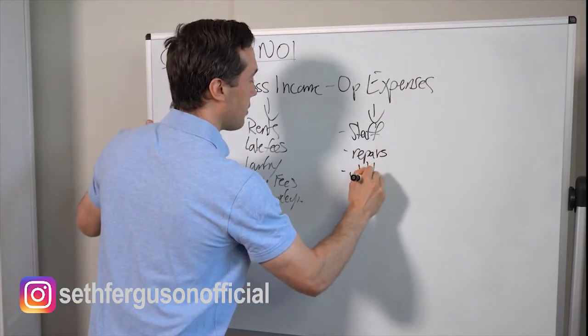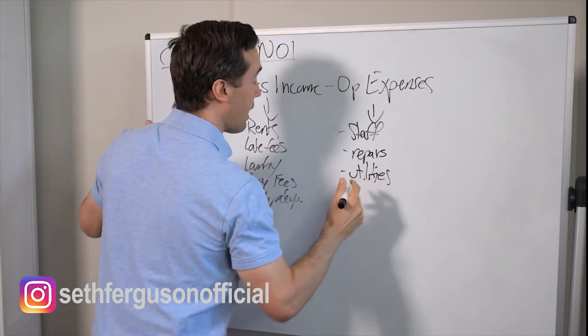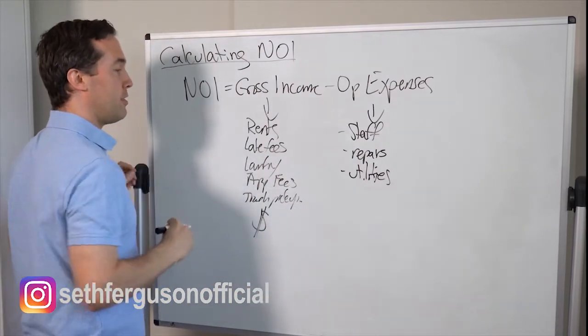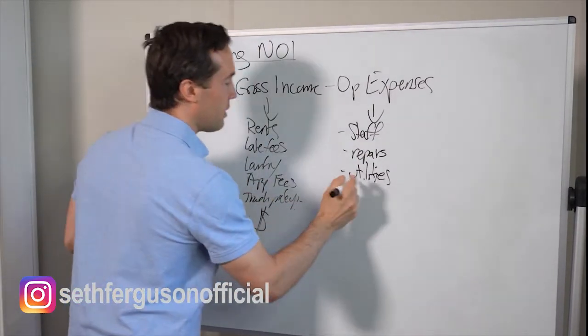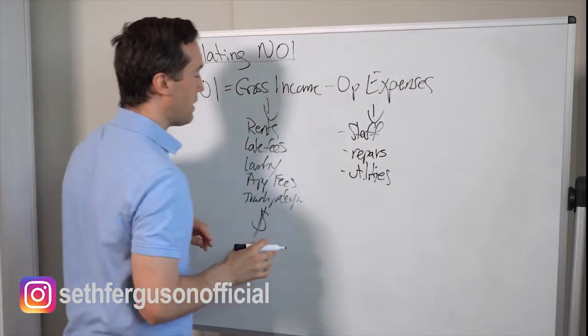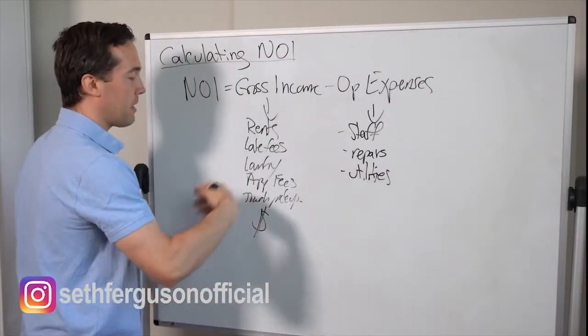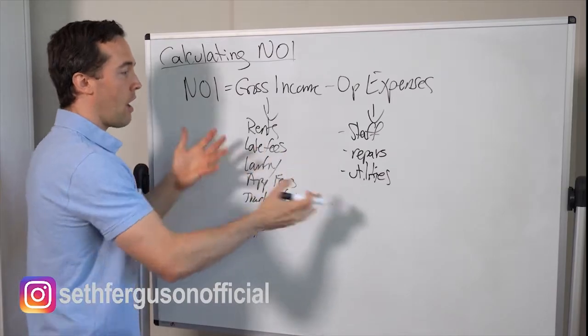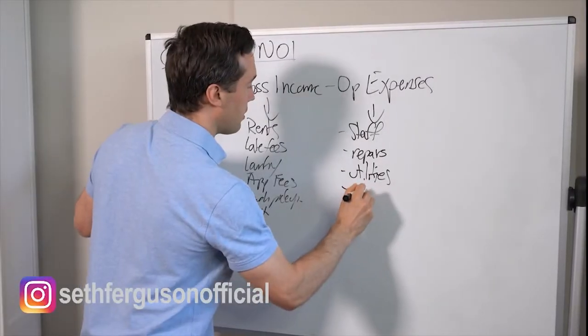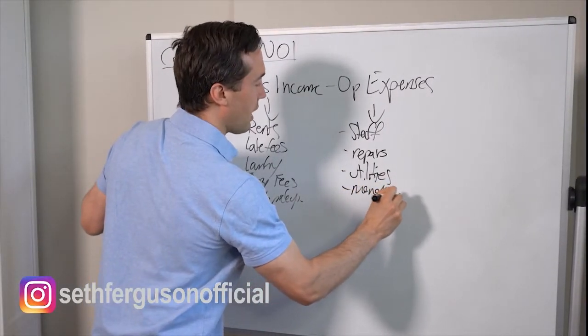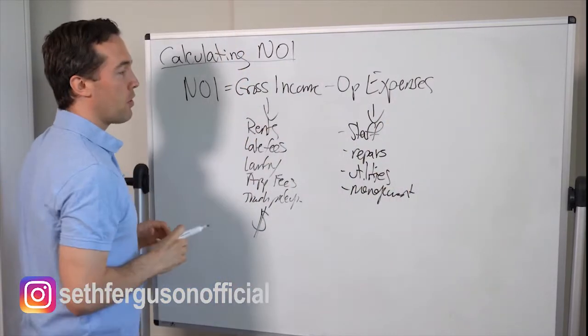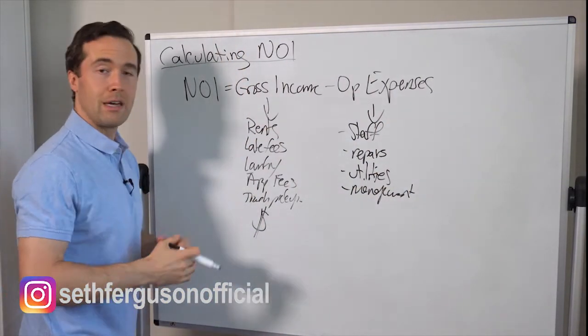Utilities. Now, if you have a RUBS program where you're putting the utilities back on the tenant, utilities will come under operating expenses, and then with your gross income, you will have your RUBS other income coming in for the utilities, and that offsets itself. Management. So you get the idea.